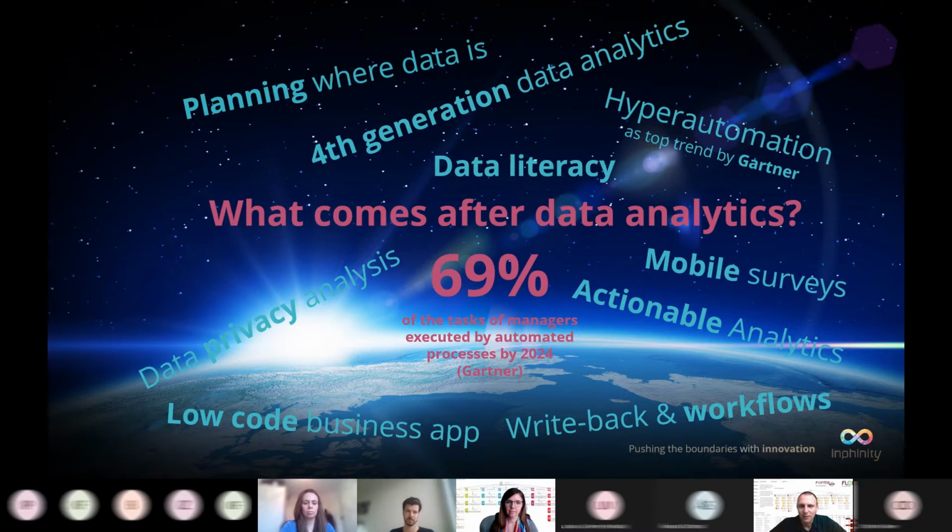69% of all the tasks of managers will be executed by automated processes by 2024, which is Gartner's prediction. Isn't it amazing? Does it mean that managers will be replaced in the future, so we won't have a job?